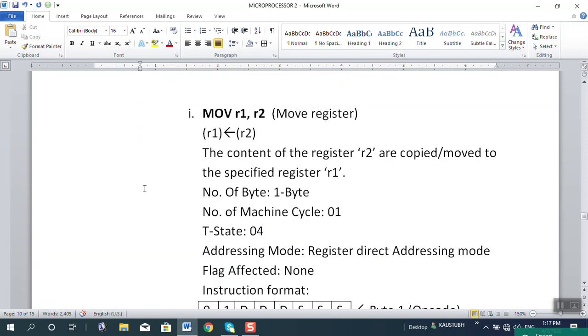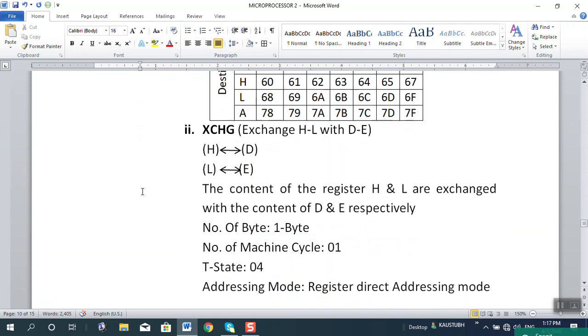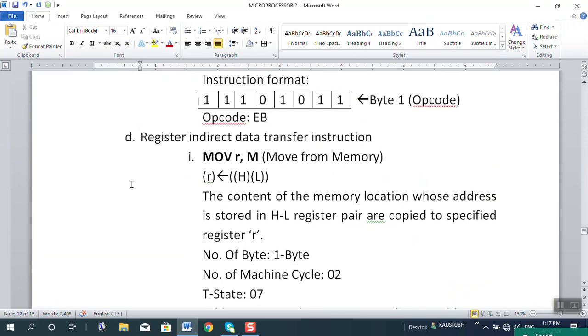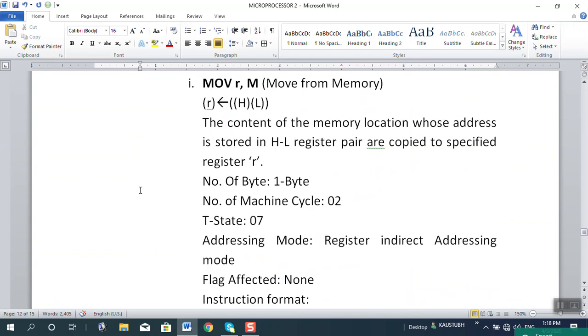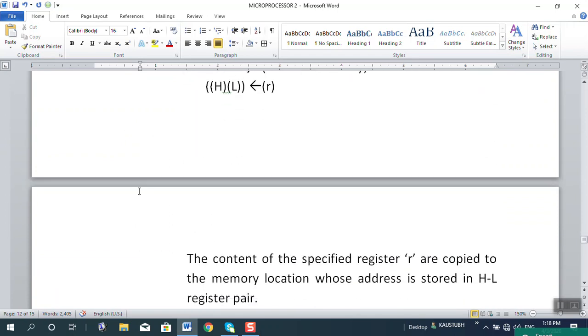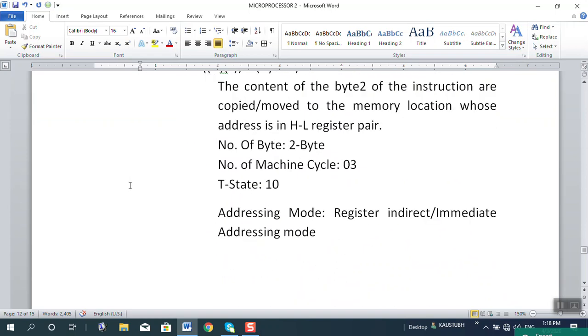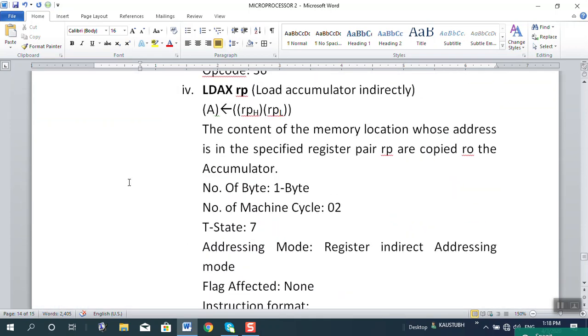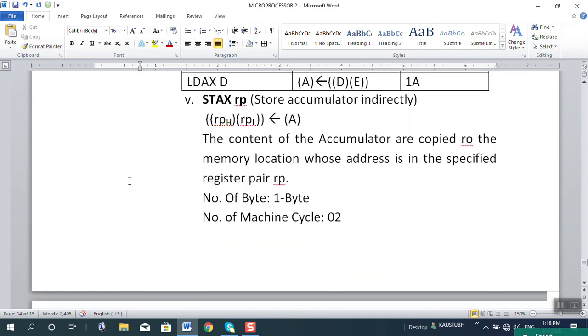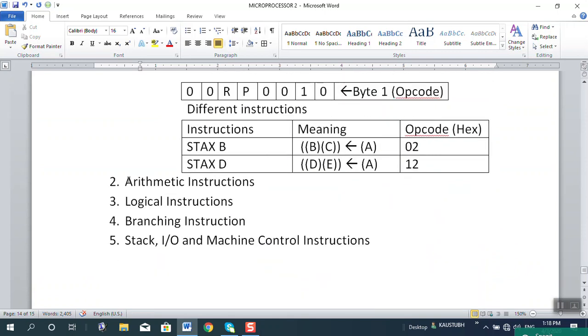Then register data transfer: MOV R1, R2, XCHG. Then register indirect: MOV R, M, MOV M, R, MVI M, data. Then LDAX RP and STAX RP. So these are the data transfer instructions. There are no other data transfer instructions.